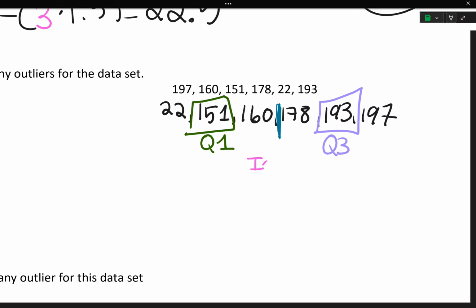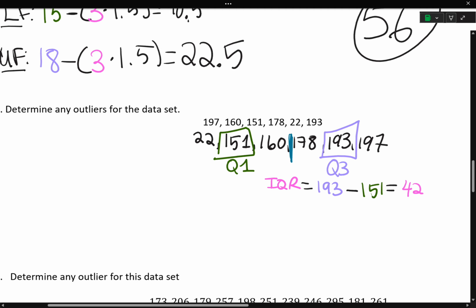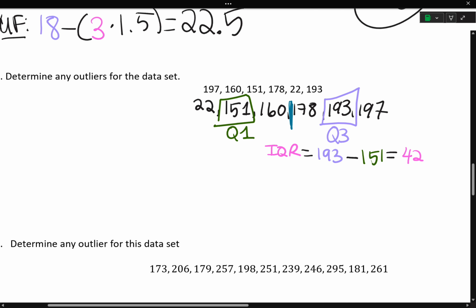Let's find our IQR by doing the third quartile minus the first. 193 minus 151 is 42. And we have all the information we need to plug it into our formulas. All right, lower fence.